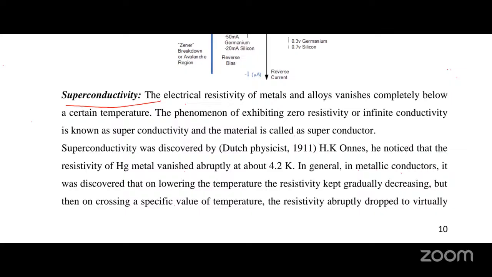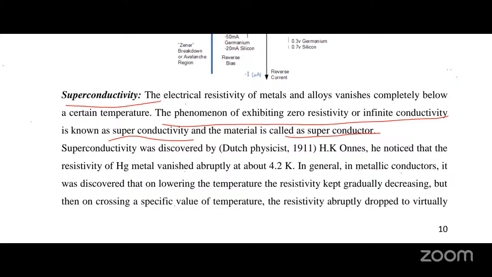Okay. So the simple definition: the phenomenon of exhibiting zero resistivity or infinite conductivity is known as superconductivity, and such material is known as a superconductor. Some of these act as superconductors at high temperature also, therefore we have to discuss high temperature superconductors. There are various kinds of materials among high temperature superconductors.